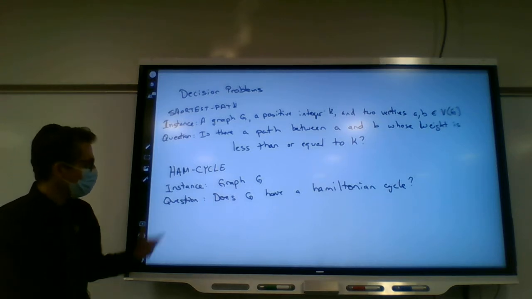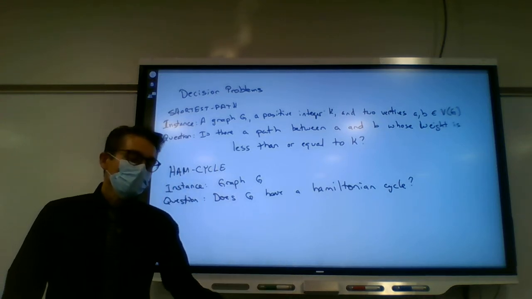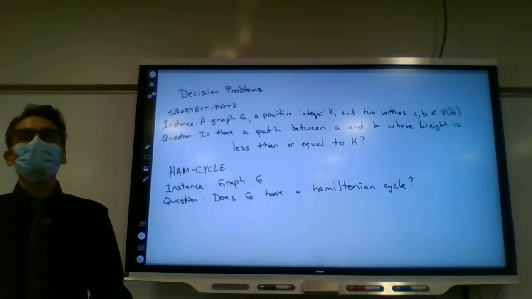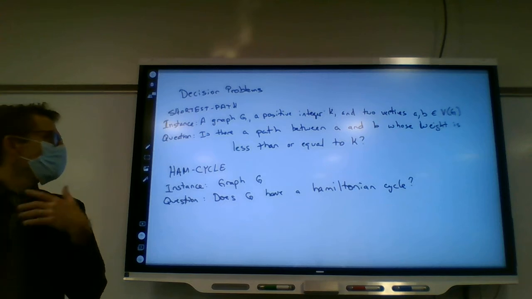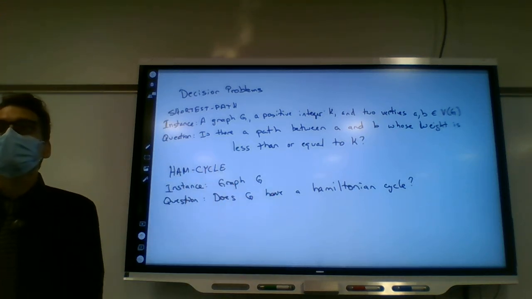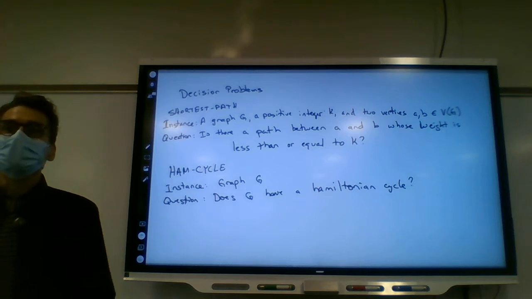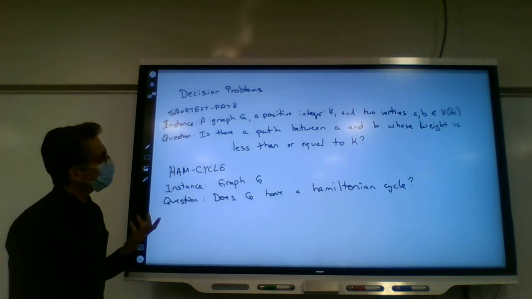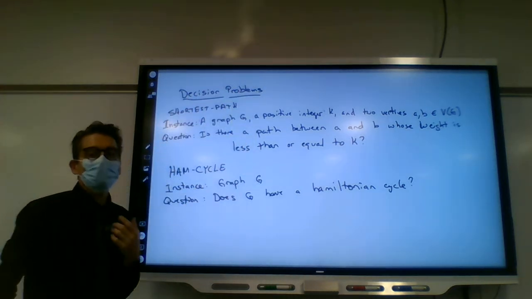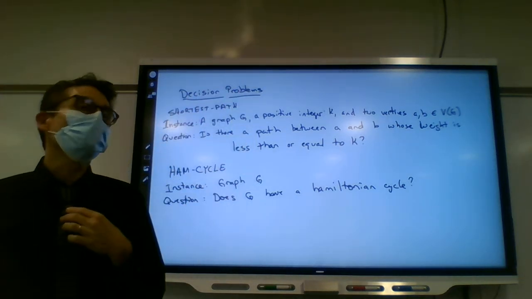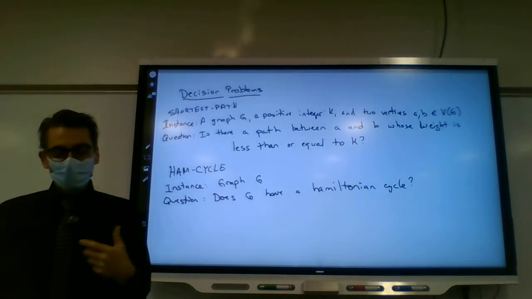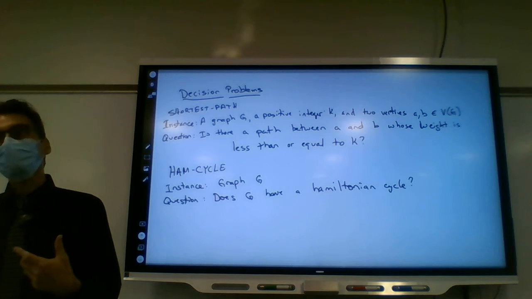In the other version, where you're trying to find a shortest Hamiltonian cycle, you could say, given a graph G and a number, does G have a Hamiltonian cycle of length less than or equal to that number k? All right, so rather than looking at these as being trying to find the actual value, trying to minimize something, or in the other case of maximizing something, we're looking at yes or no questions.